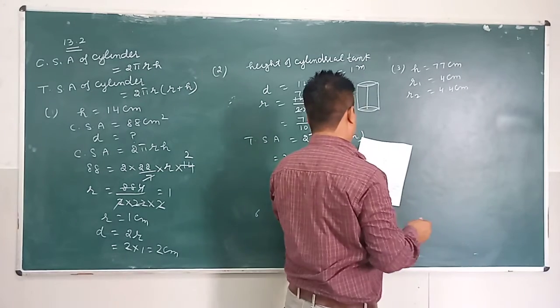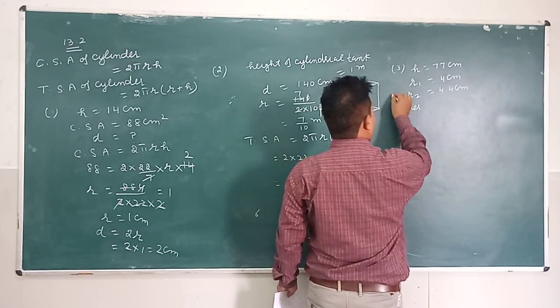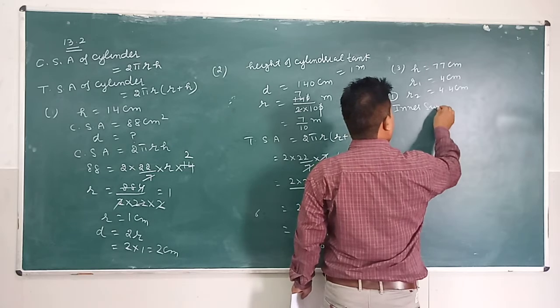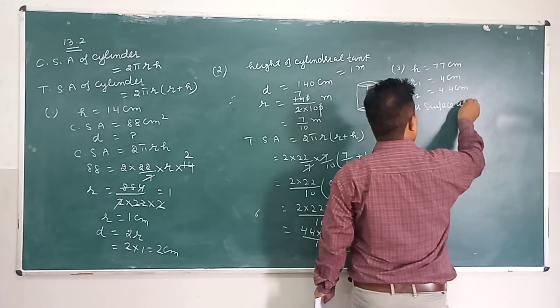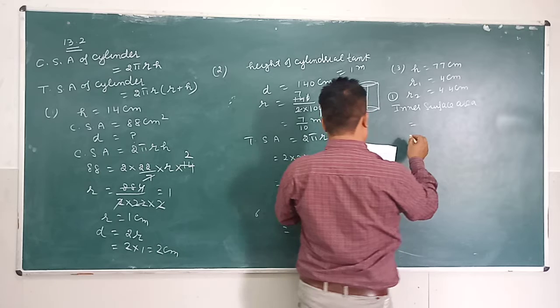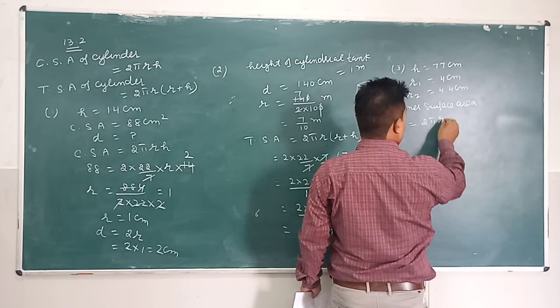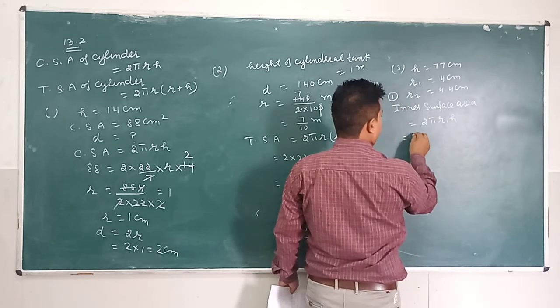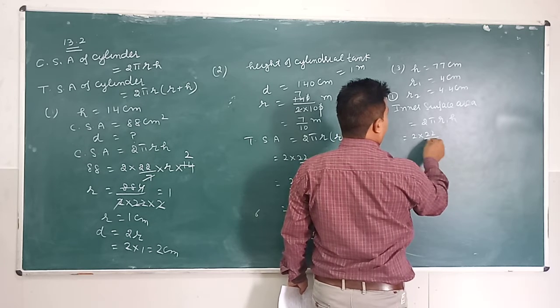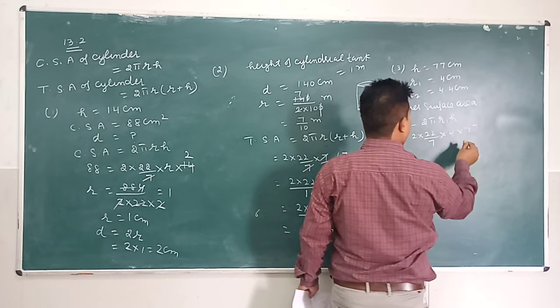So first we require the inner surface area of this metal pipe. So inner surface area is 2πr1h. So π is 22 by 7, r1 is 4, h is 77.